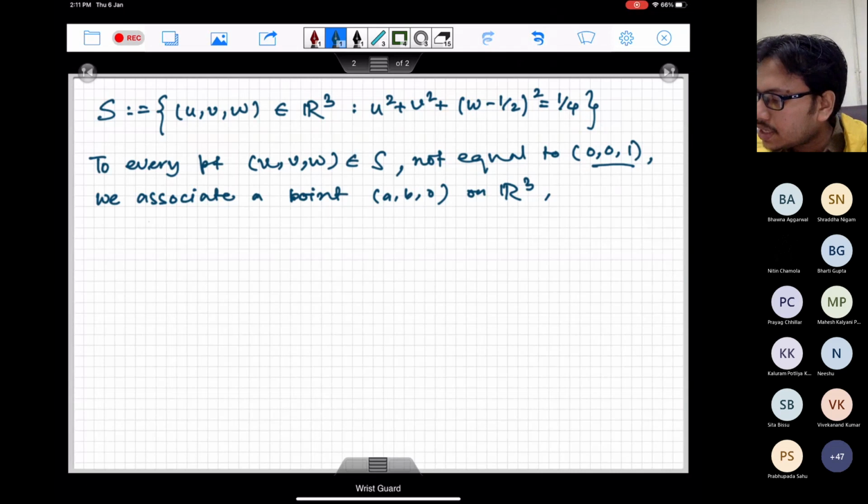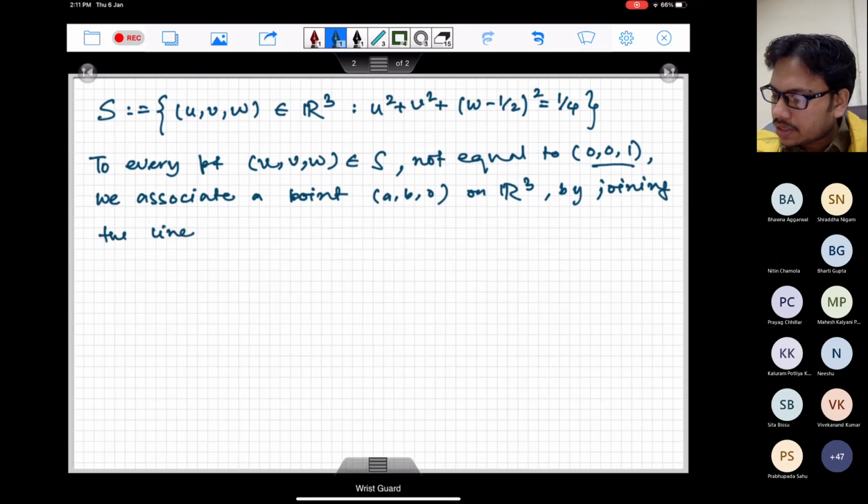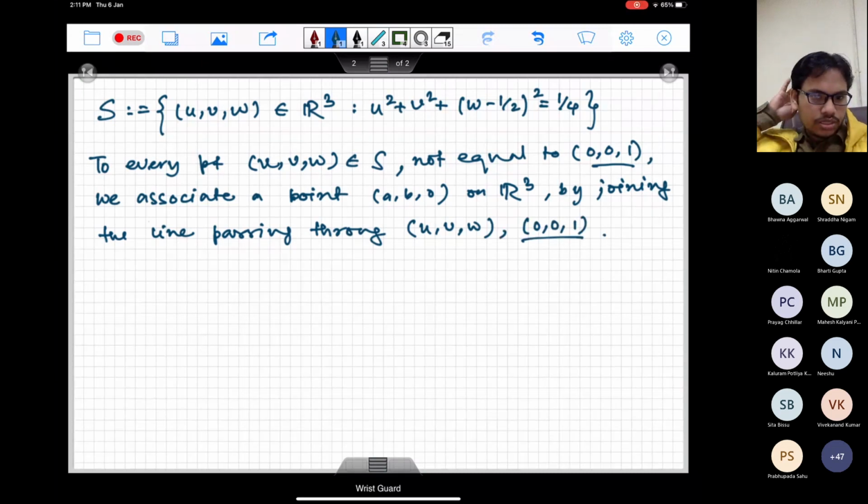And how do I get this? By joining the line passing through (u, v, w) and (0, 0, 1). Okay, so I'm going to do this.